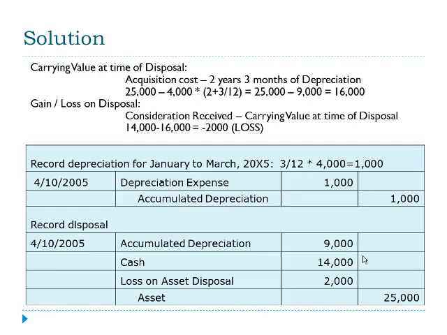So 25,000 minus 9,000 equals 16,000. That's the carrying value at the time of disposal, having added in that partial year depreciation. The difference between the consideration received and the carrying value at the time of disposal is the amount of the gain or loss on disposal. Here the consideration received was less than the carrying value, so there's a $2,000 loss.